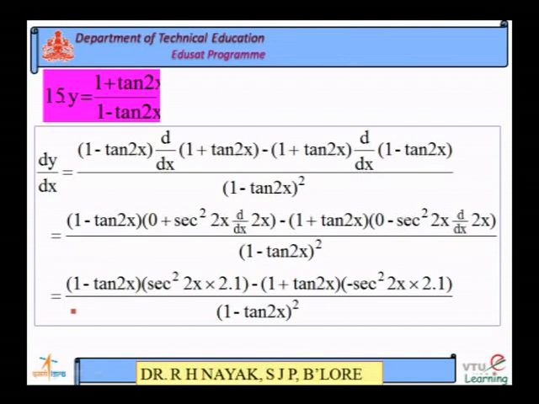The next question is y is equal to 1 plus tan 2x divided by 1 minus tan 2x, it is 2x. So, it is of what form? It is the u by v method.